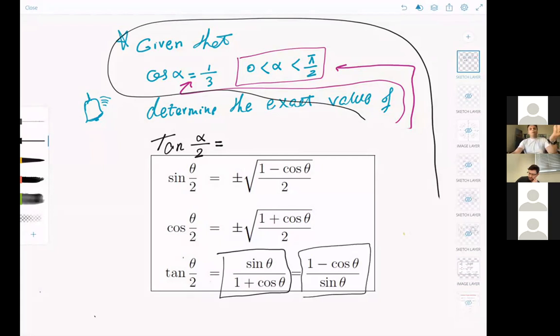Which one do you like to use? It doesn't matter, whatever. You guys don't like the negative for the second one. Let's use the first one. So tangent of alpha over 2 will be sine of alpha over 1 plus cosine of alpha. I picked this one.